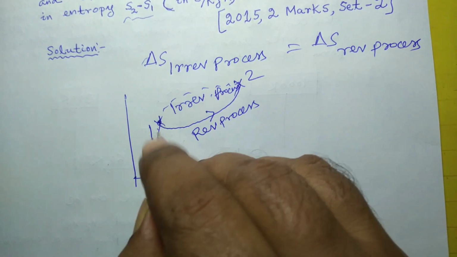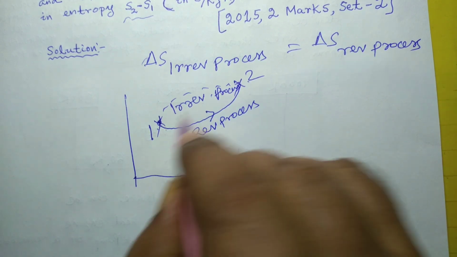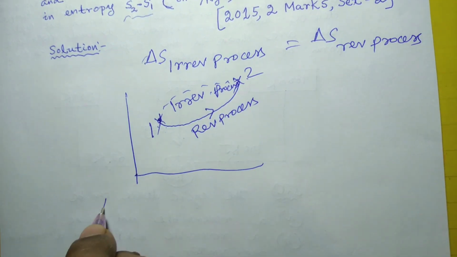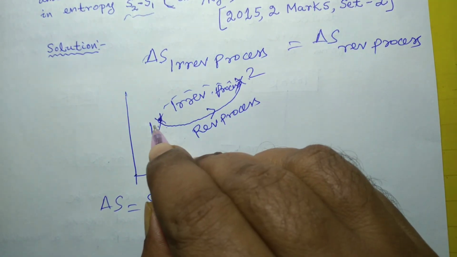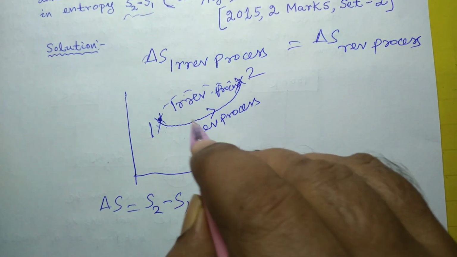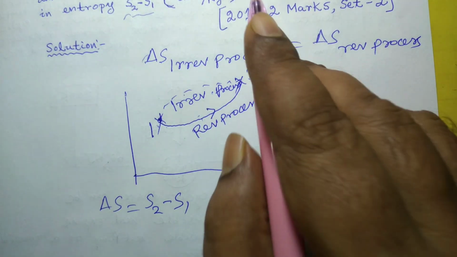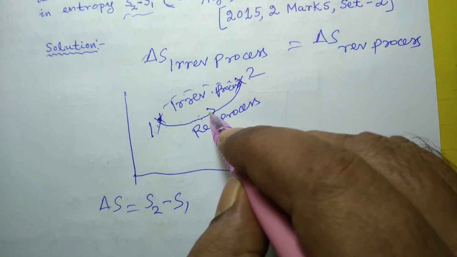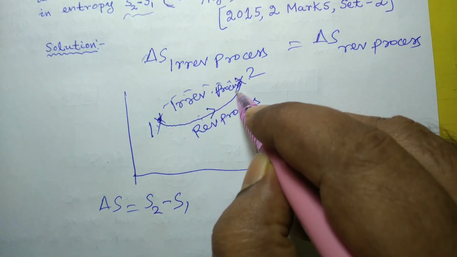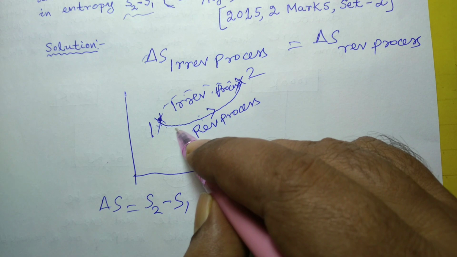But we have to find out the change in entropy between two given states, that is S2 minus S1, and this S2 minus S1 will be the same for a reversible process and an irreversible process. Since we can't integrate along an irreversible process, we have to find the entropy change along a reversible process between the same two end states.